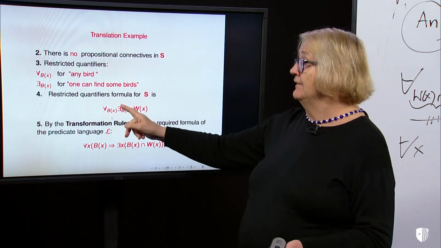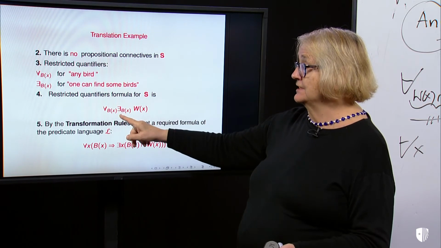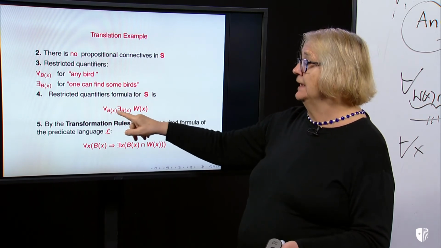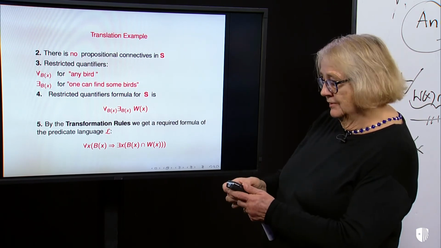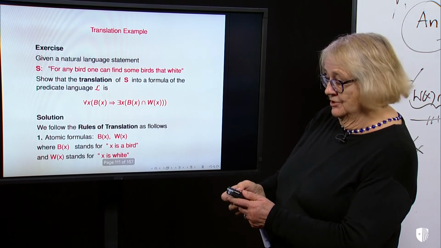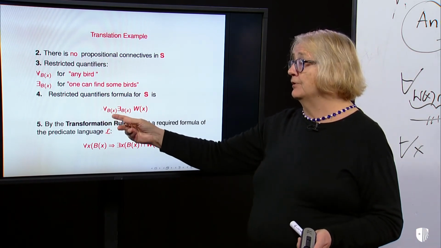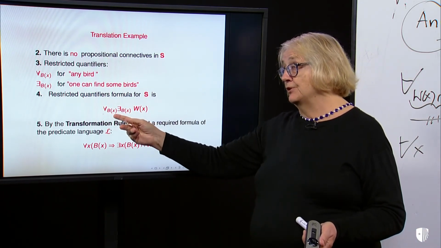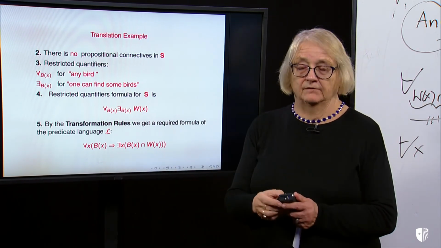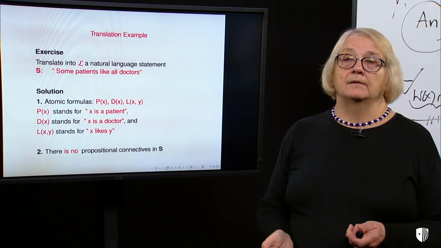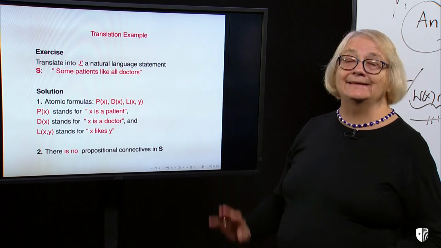For any bird, there is a bird, one can find. Some is there is. Some birds would be that bird which is white. So for any bird, there is a bird which is white. And then you have the formula.